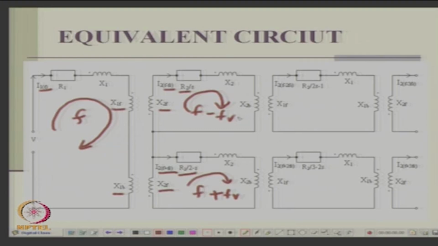And then this will give rise to a stator frequency F minus 2 Fr, stator frequency, and again that is reflected by the resistive component being divided by 2s minus 1. So, now it is 2s minus 1, okay, and this is F2, F plus 2 Fr, that is 3 minus 2s, where s is the slip.